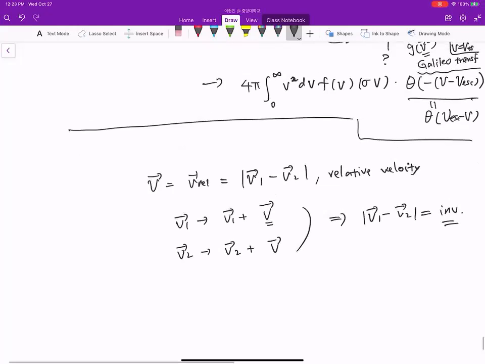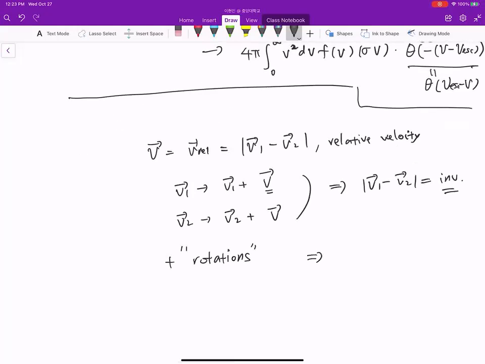This is one type of Galileo transformation. The Galileo transformation also contains rotations, so the velocity should be a scalar quantity, and this is also invariant under rotations.